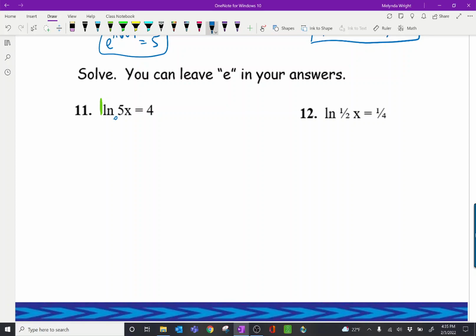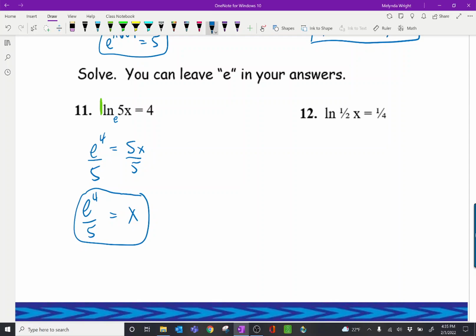So we would do e to the 4th equals 5x. In solving for x, I would want to get rid of the 5 by dividing. So x is basically e to the 4th over 5. We're just going to leave e in the answer. There's no sense in doing 2.7 times itself 4 times and all that kind of stuff. It would be much simpler if we just left e there.